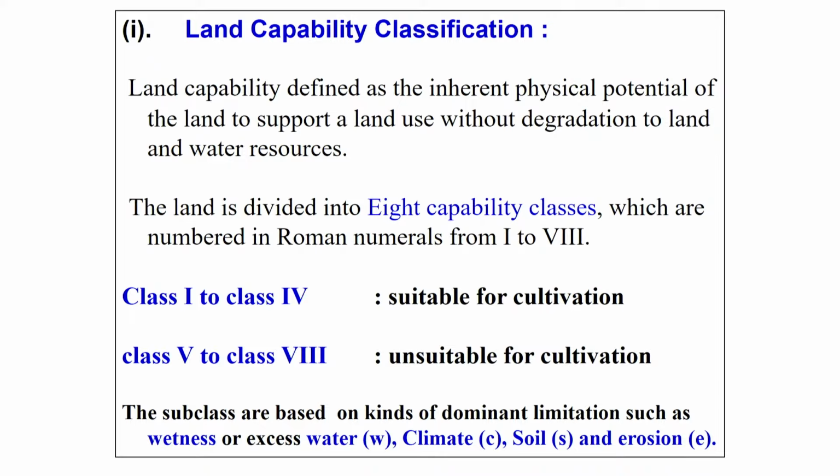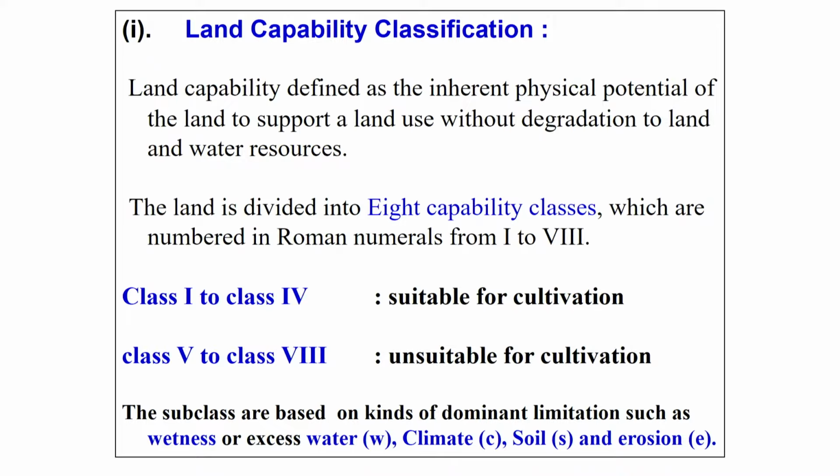These are what we call capability classes, and they can be further classified based on the limitations of the soil and land characteristics, which we call land capability subclasses. Except for the first class, all classes can be divided into subclasses based on 4 main limitations.